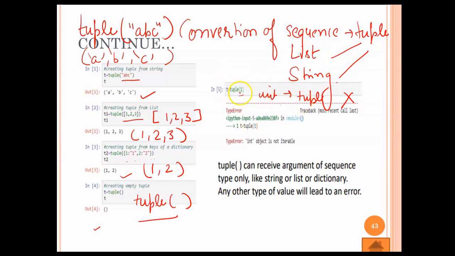It is not a sequence, so conversion is not possible. Tuple can receive an argument of sequence type only, like a string or list or dictionary. Even a dictionary also, right? A dictionary will also be converted into a tuple, but any other value is not possible. It is going to generate an error message.